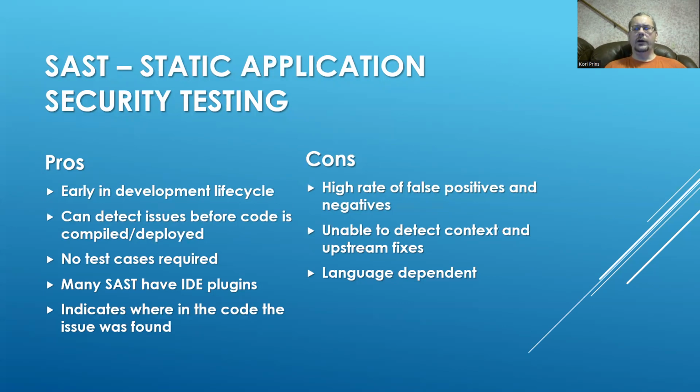It also doesn't require any test cases to be able to utilize SAST, because it uses pattern matching to look at the code itself. You don't have to have use cases and test cases to be able to identify if there are vulnerabilities in the code.